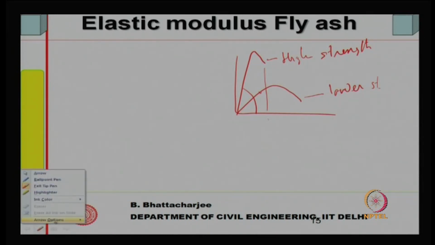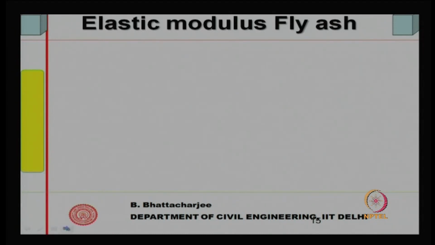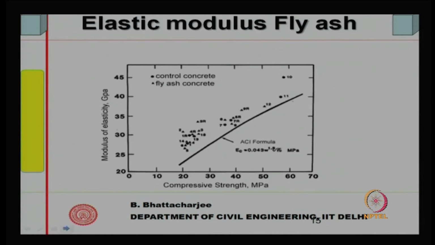Now, if you look at the behavior in general, in the diagram, you see the compressive strength versus modulus of elasticity. I said that everything can be related to compressive strength. Modulus of elasticity can be related to compressive strength, like it is done in normal concrete, and with mineral admixtures also you can relate it to compressive strength. For example, this is the ACI design formula which is suggested.